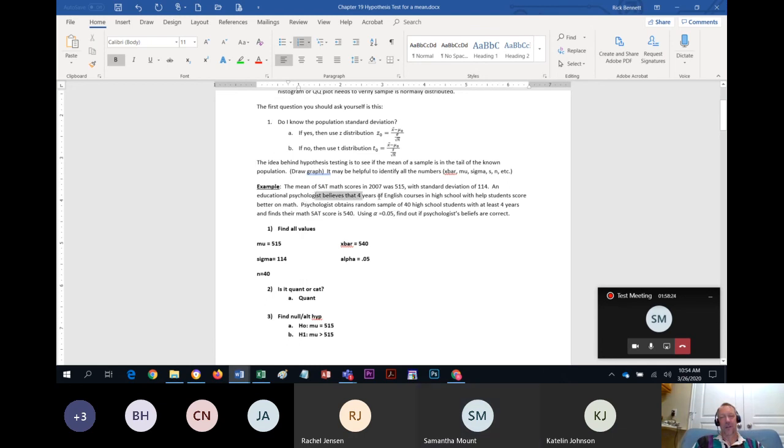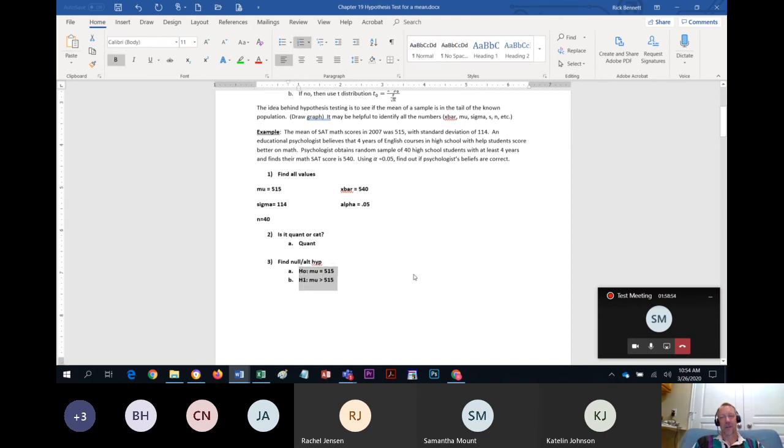So because she thinks they're going to do better, she thinks it's going to be greater than 515. Okay? Another thing I like to tell people is don't look at your data when you make your alternative hypothesis. So you were getting way distracted by that 540, but don't look at that because we're only concerned about the null hypothesis and the alternative in this case. Okay, does that make sense?